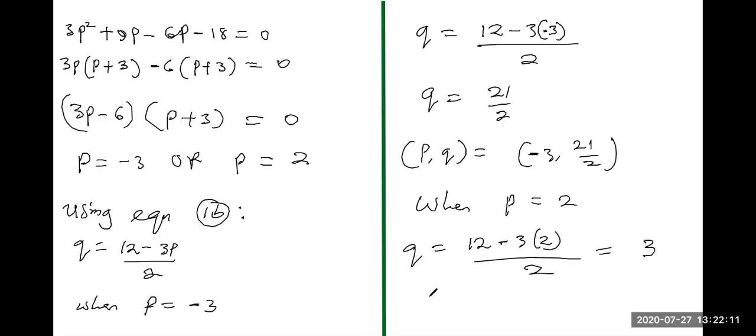So q is equal to 3. So now we have p comma q as a pair of answers, equal to 2 and 3. Remember, the way they appear, p fell before q. So also the answer for p, which is 2, comes before the answer for q, which is 3. So these are the solutions for this question 2.